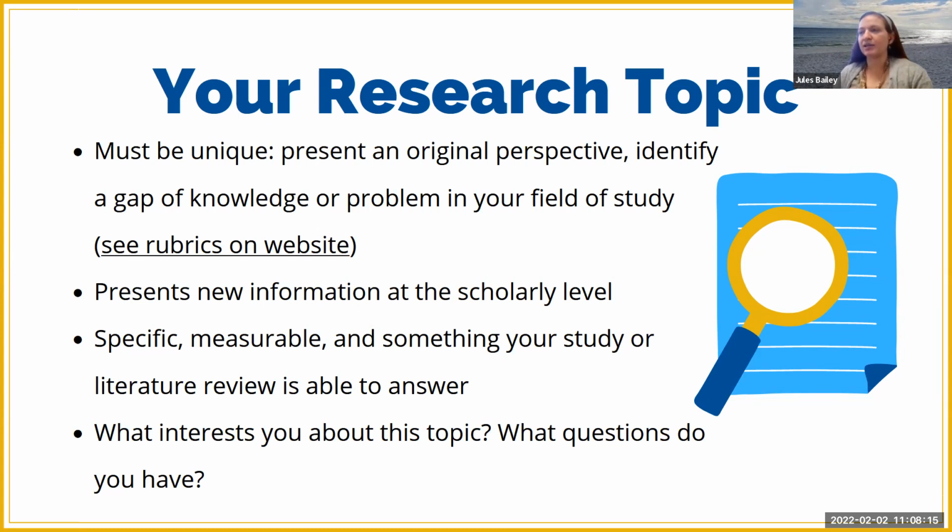So when you're coming up with a topic, consider what interests you about this topic, what questions do you have? So say if your topic was in the area of history and you were interested in Frederick Douglass, your poster or your presentation is not just going to be the life of Frederick Douglass and who he was and basic background information, because that's something that we already know. What you'd want to do is present a unique aspect of that.